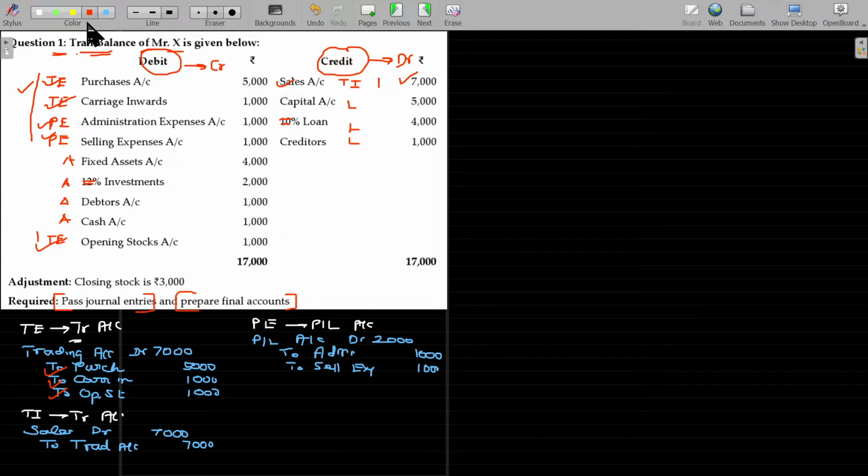Finally, we have been given the closing stock also. For that we need to pass the entry. Closing stock is an asset, and an asset should always be debited. So stock in trade account debit, to trading account.